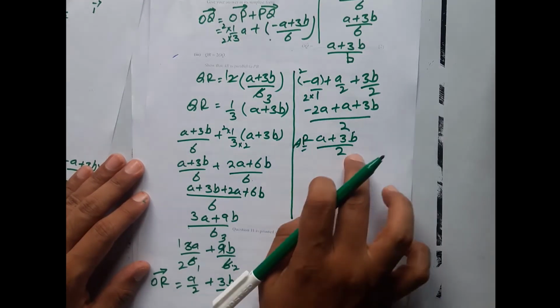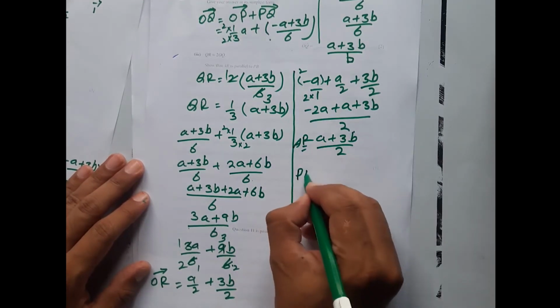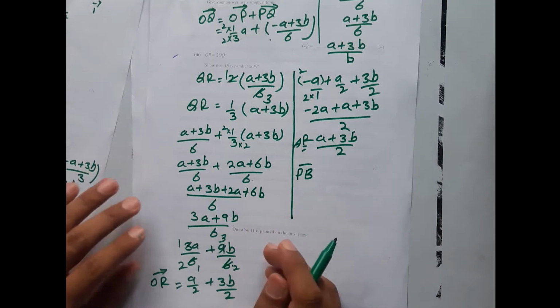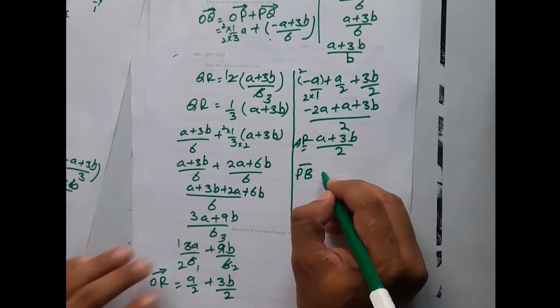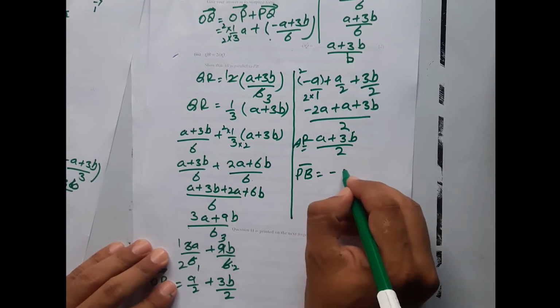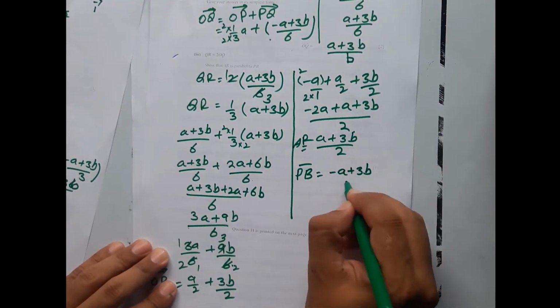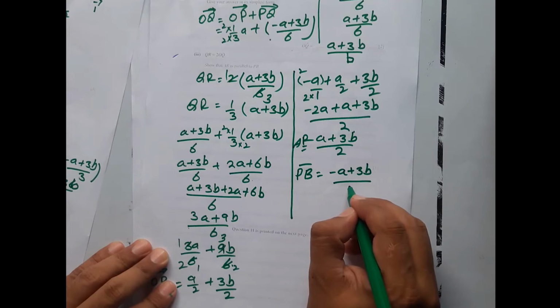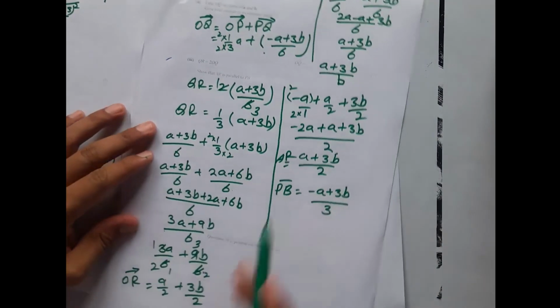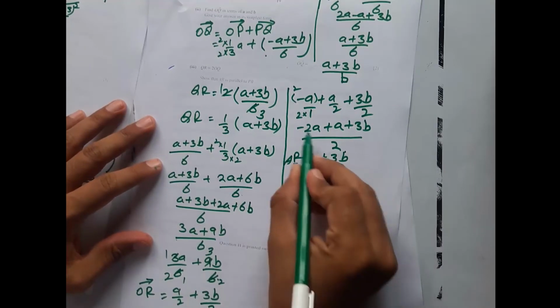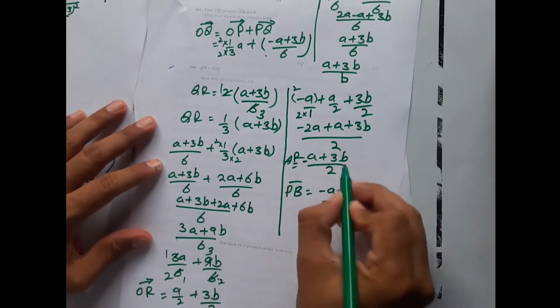This is AR, and PB, we have already found, PB is equal to minus a plus 3b over 3. Okay, this is equal to minus a plus 3b over 2.